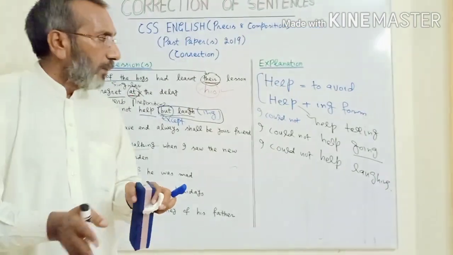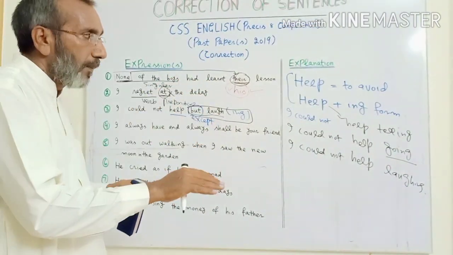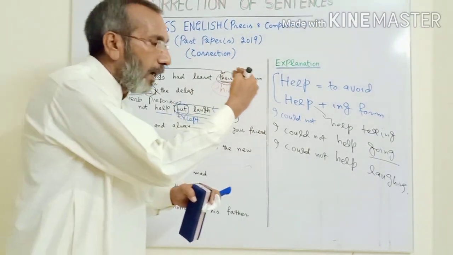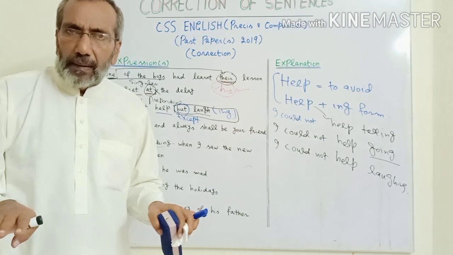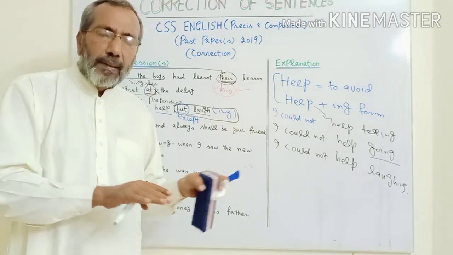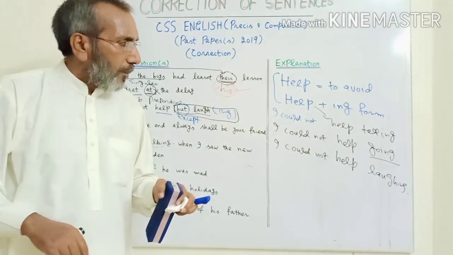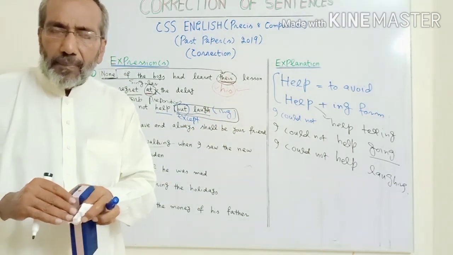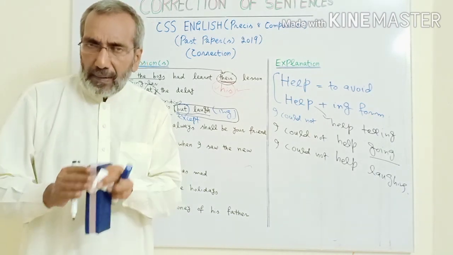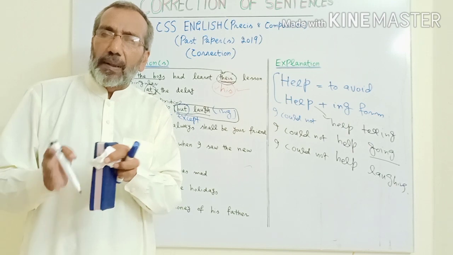Clear? So the simple rule is that sometimes we use the word help in the sense of avoiding something, and it's followed by the ing form, and the ing form has different meanings. I have discussed this in previous lectures; you can check it out. Sometimes the ing form is continuous, sometimes it is a gerund, sometimes a participle, sometimes a simple adjective.